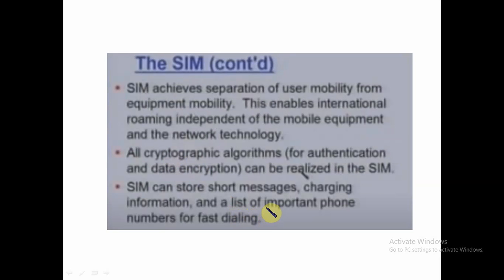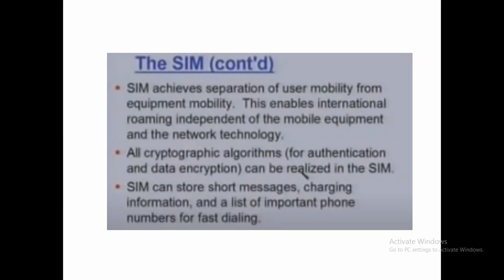The SIM achieves some separation of the user mobility from the equipment mobility. Please note there are two different things. The ability to sit in the car with the handset and move around while talking is the equipment mobility.